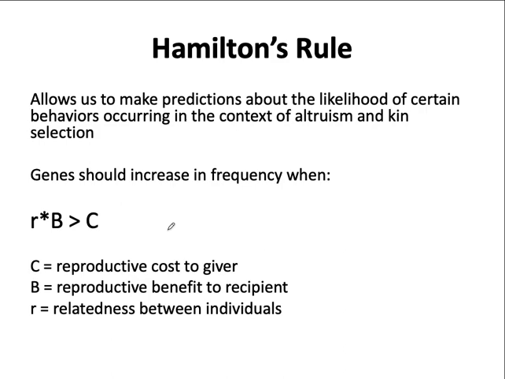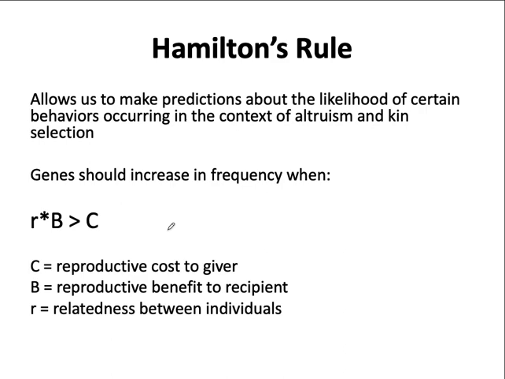So in other words, when the benefit to the recipient multiplied by the relatedness between individuals is greater than the cost to the giver, we would expect those alleles, those behaviors, to evolve.